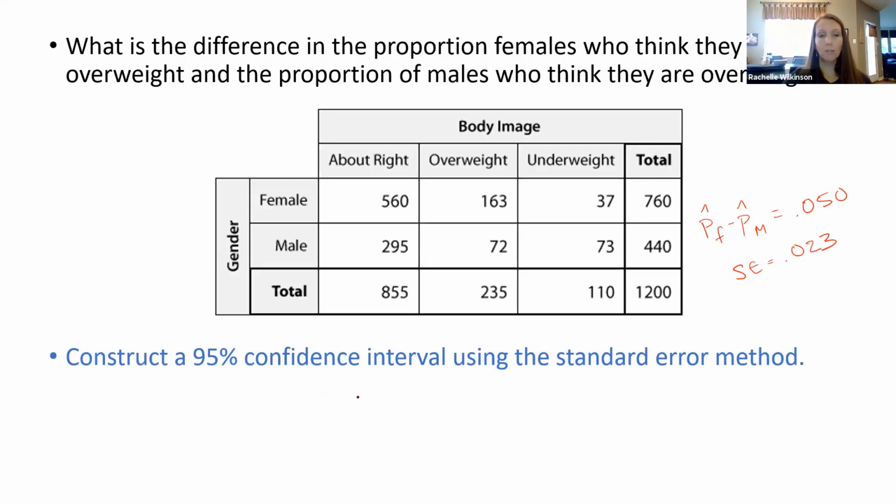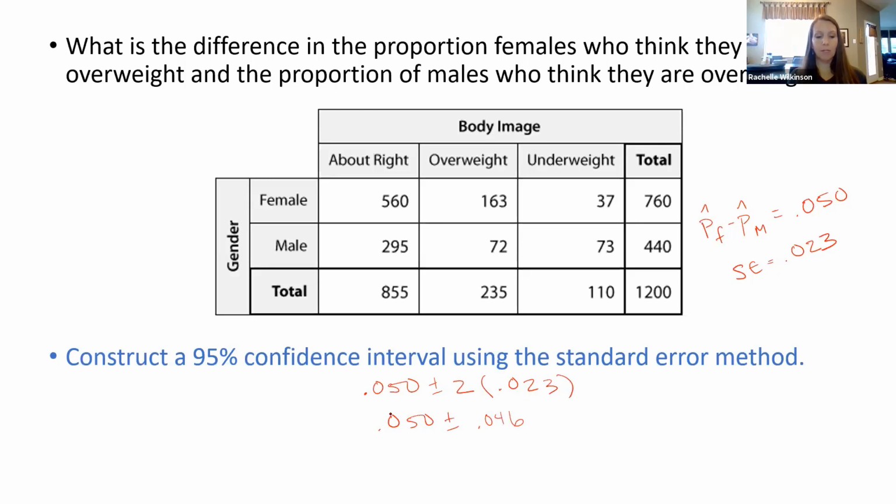So my confidence interval is going to be that original sample statistic, 0.050, plus and minus 2 times that standard error, which is 0.023. 2 times 0.023 is equal to 0.046. So the 0.046 is my margin of error.